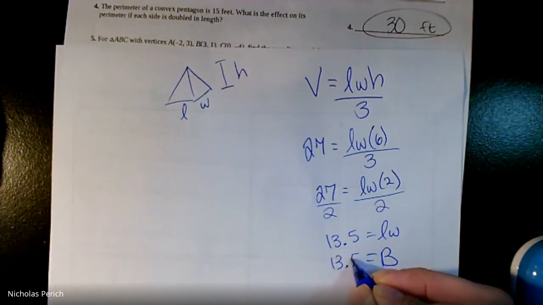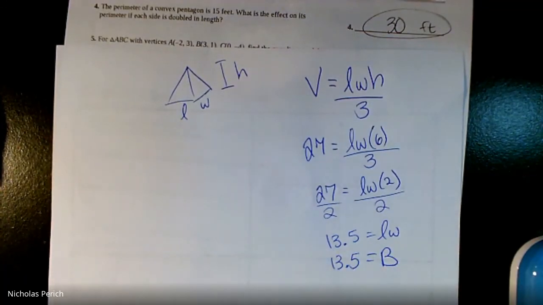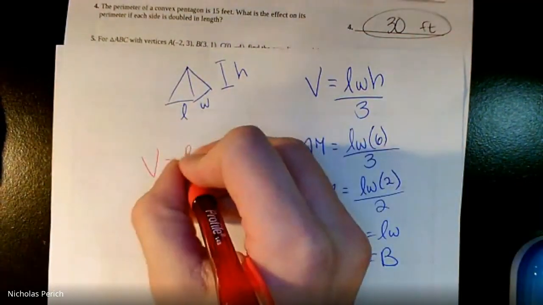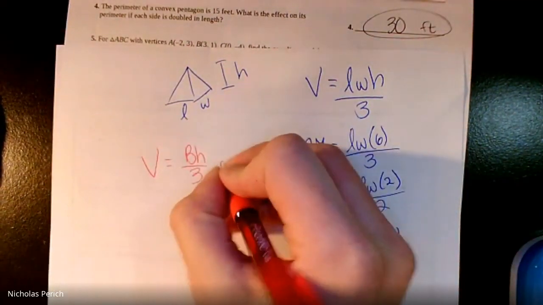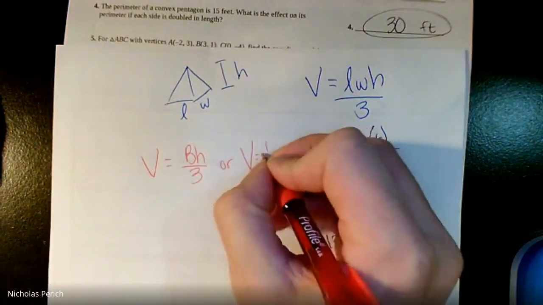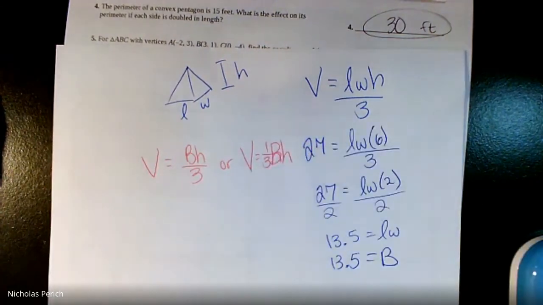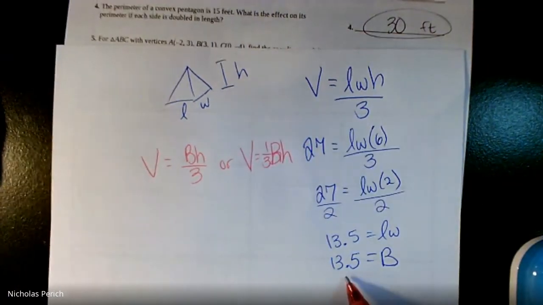The equation that the book probably gave us, and you could use the book, remember, you just go to your bookmarks and go to the red icon that has the book, and I couldn't care less if you use the book while you take the test. The equation it probably has for you is either BH over 3, or maybe V equals 1/3 BH. Doesn't really matter.